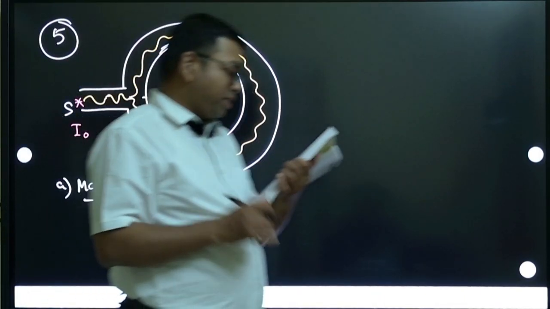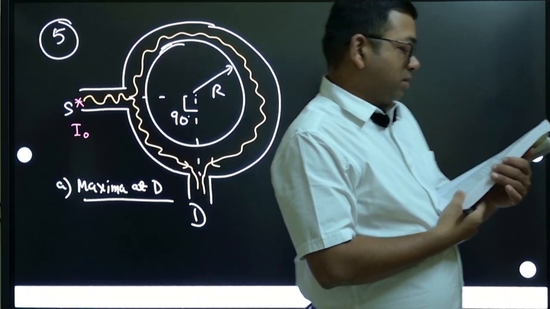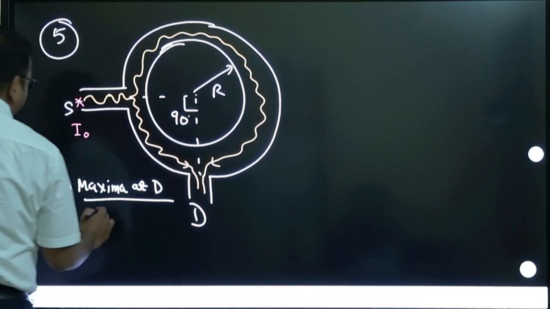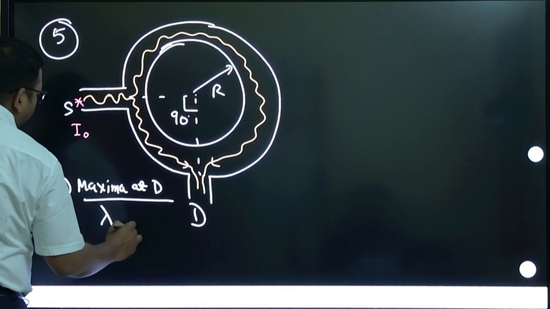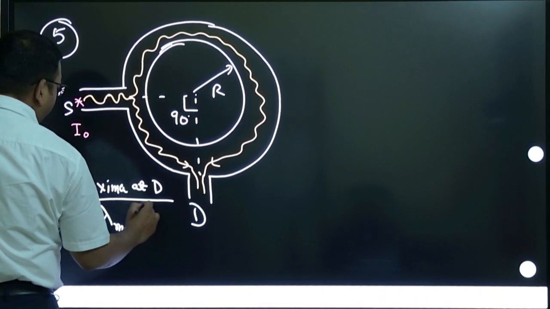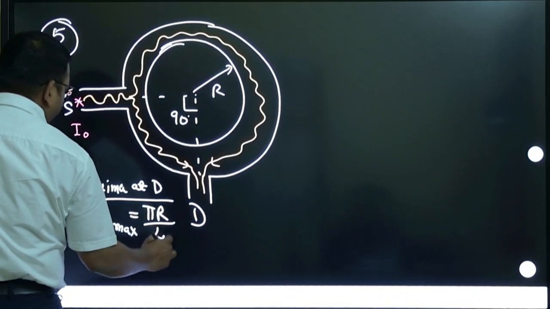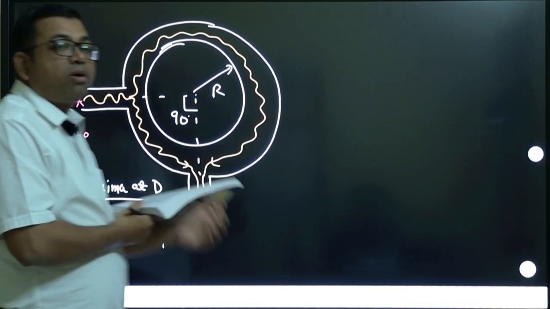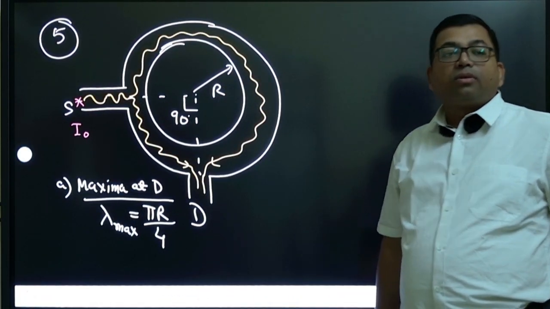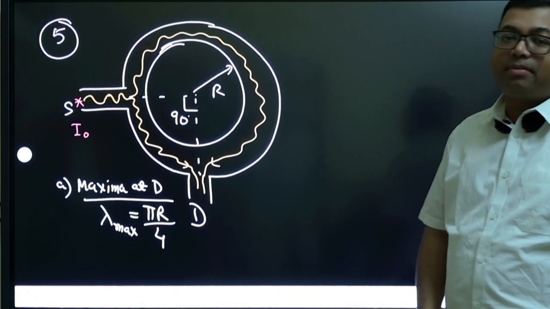So what is the wavelength they are asking? They are asking maximum wavelength. Maxima is happening, find out the maximum wavelength. They have given maximum wavelength as pi r by 4. So check out whether this is possible or not. Maximum wavelength. What is the condition for maxima?